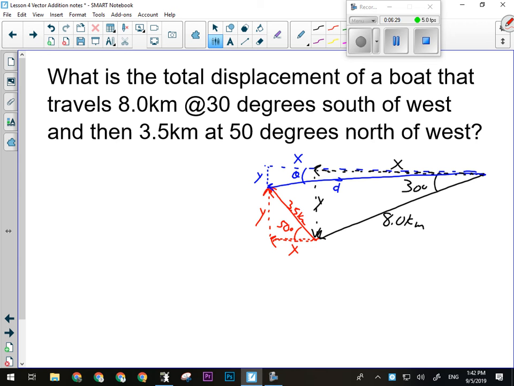If I take black y, which is this one here and is south, and I take red y, this one here, which is north, and add them together, will I get blue y? Yes, I will, because one's negative and one's positive. That's adding the two vertical components together to get the total y. So that's what we have to do.